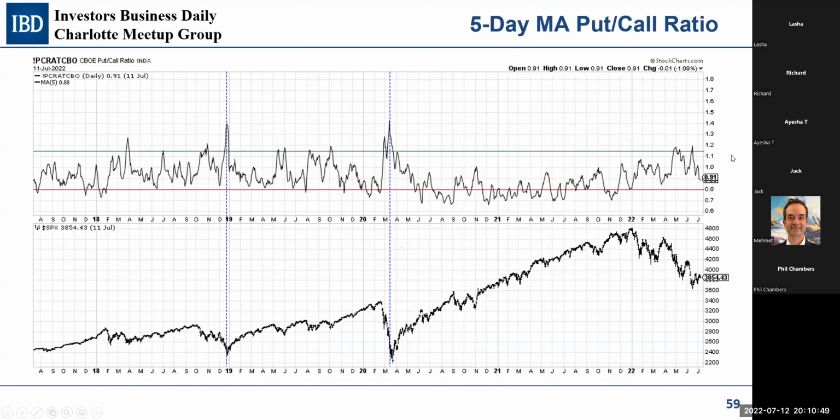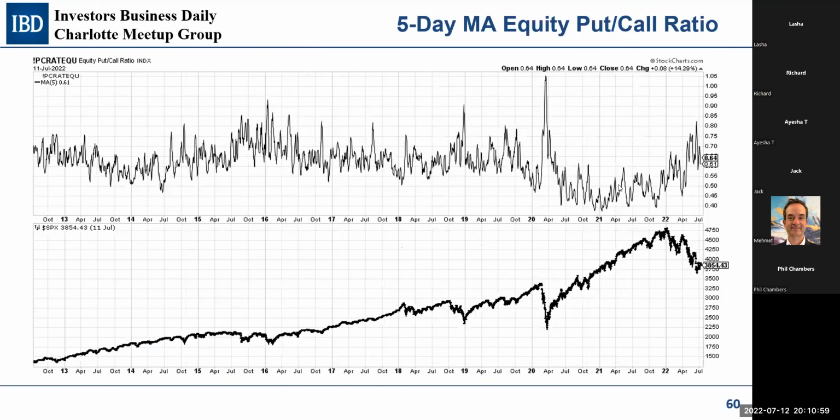So it's sending that mixed signal. There's bearish sentiment, but not a ton of acting on that fear at any extreme level. When we look at just the equity put call ratio, this is rising. That's been an uptrend from the start of the year. And at least that could help us put in a bottom, but it's been slow moving really throughout this year.